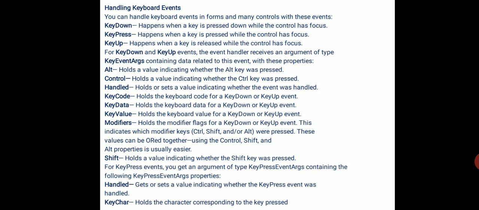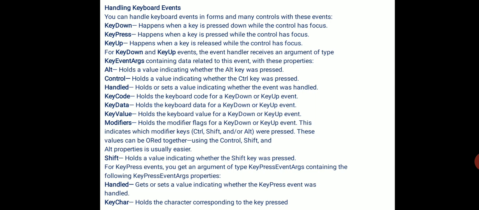Okay. So like that, there are some keyboard handling events. Handling keyboard events. So you can handle keyboard events in forms and controls with these events. So these are all the keyboard events. Key down happens when a key is pressed down while the control has focus. Okay, here control is like a button or label or text box or any other control.